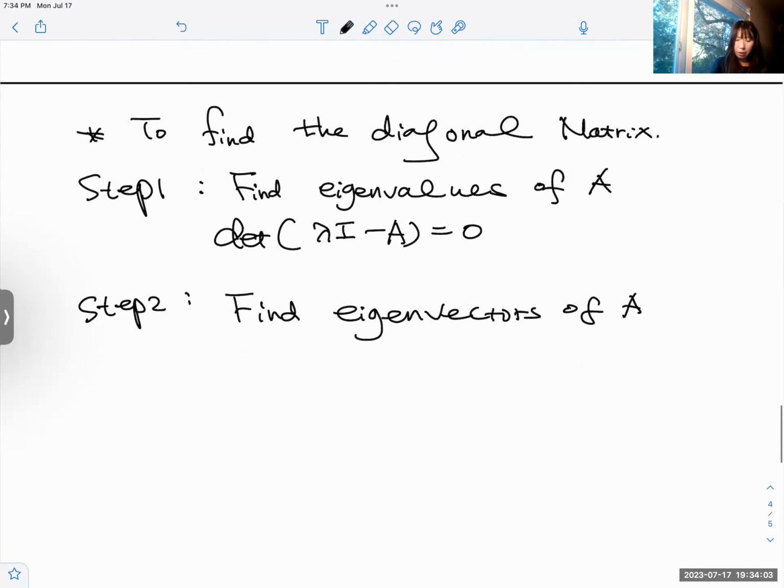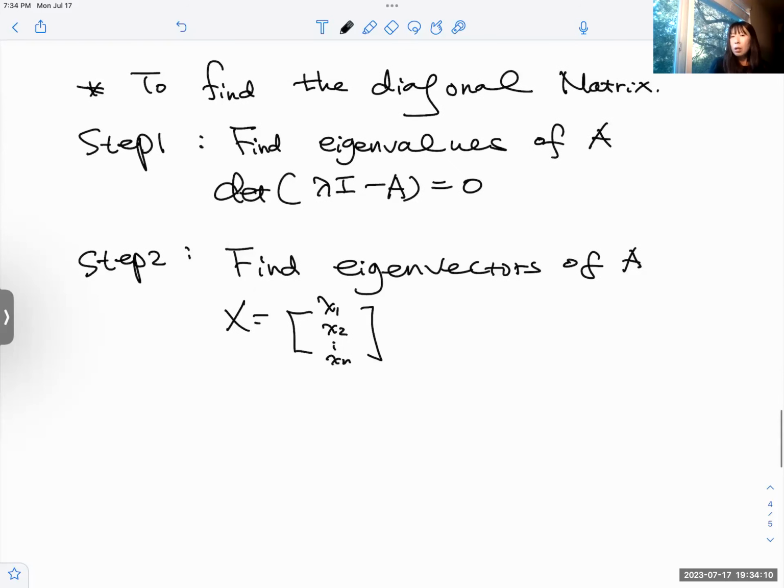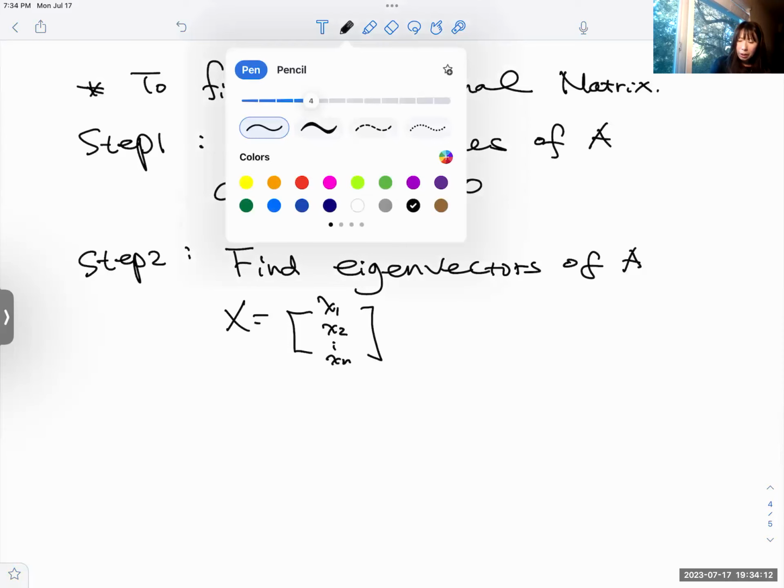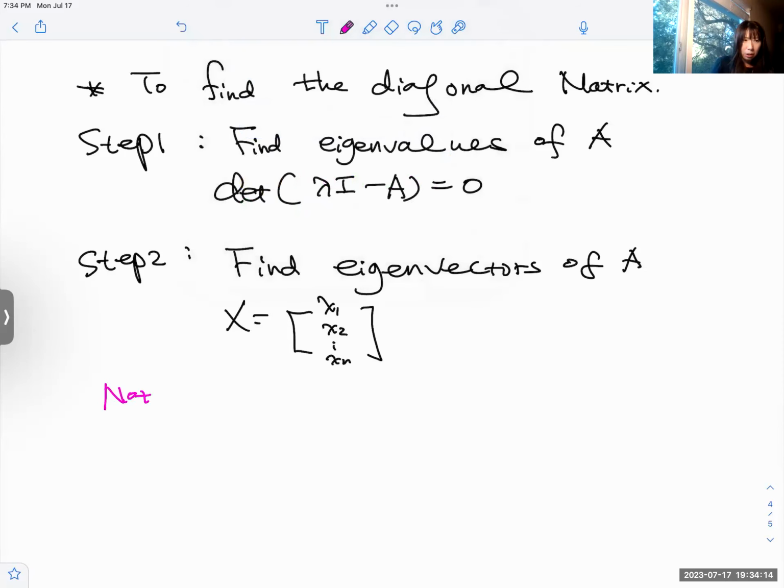So we had earlier x equal to x of 1, x of 2, up to x of n, right? I want to make a note here. Eigenvalues can be equal to 0, right?